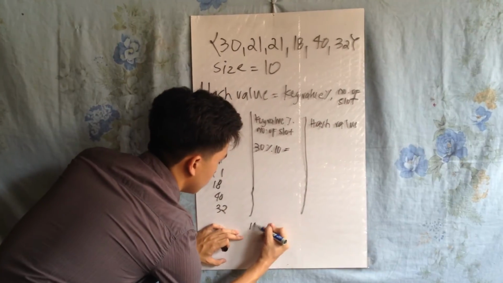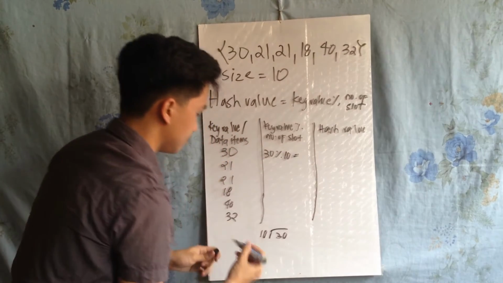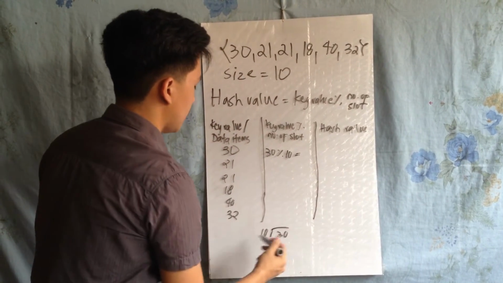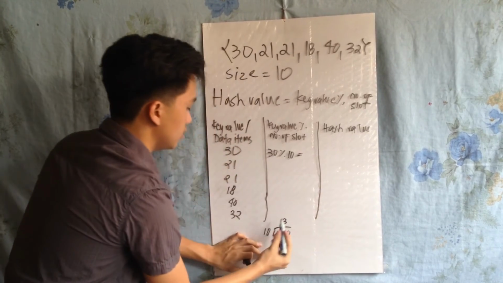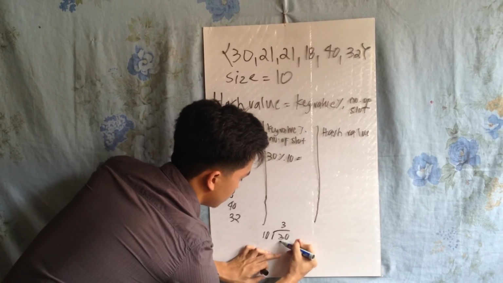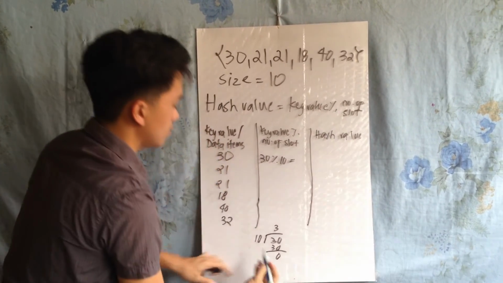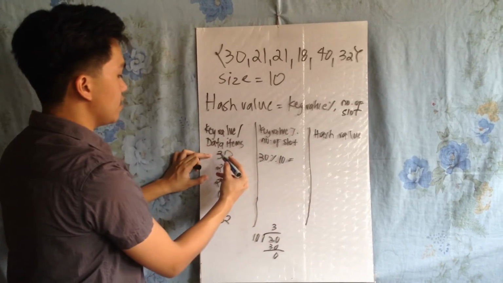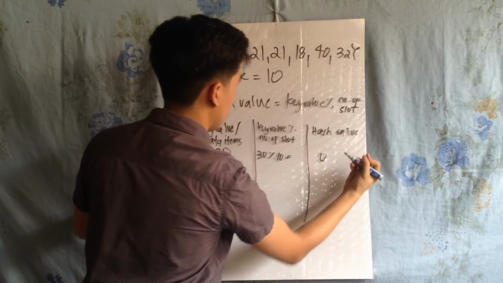So, 10 divided by 30 is equals to 3. So, 3 times 10 is 30. 30 minus 30 is 0. So, ang key value na 30 ay mapupunta sa hash value na 0.